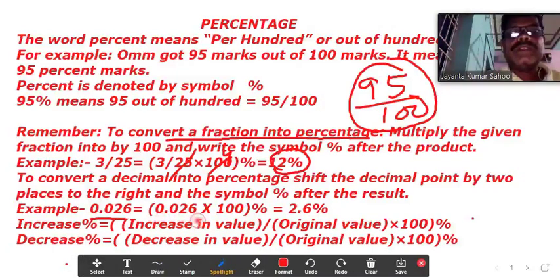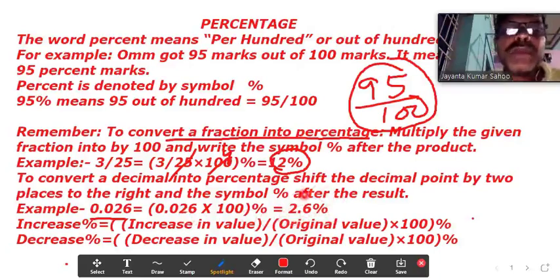This 0.026 is multiplied by 100, because we are going to convert into a percentage, then we put the percentage symbol. As I have told, wherever the decimal point is, we shift it towards the right side by 2 places. Here we count 1, 2, then after 2 we put the decimal point. So the answer is 2.6%.